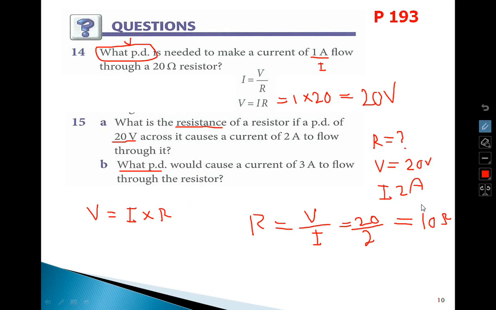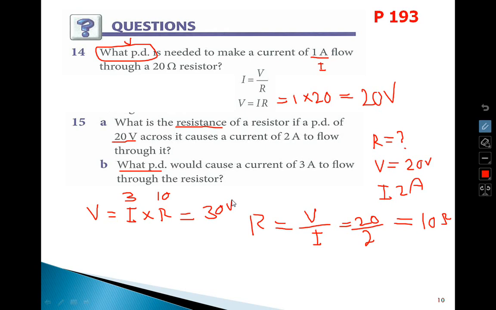The resistor we found is 10 ohm here, and the current is 3. So V is 30 volt, because we found the value of R from section A is 10, but we change the value of I. The value of I is 3, not 2.